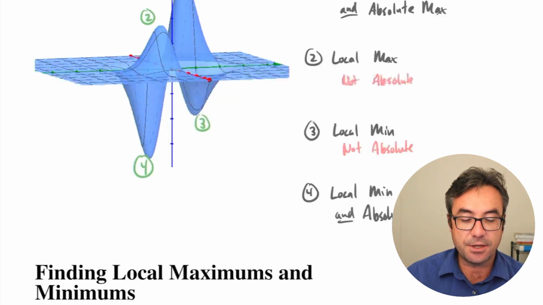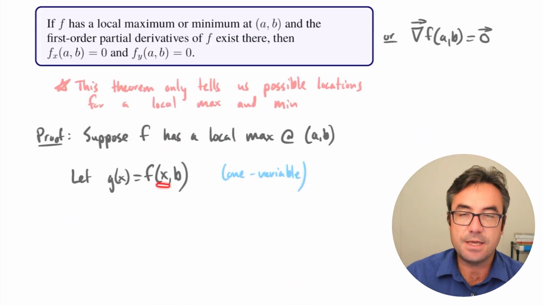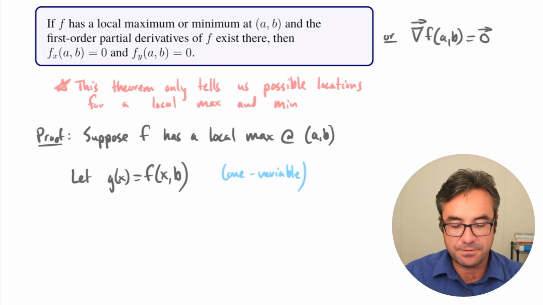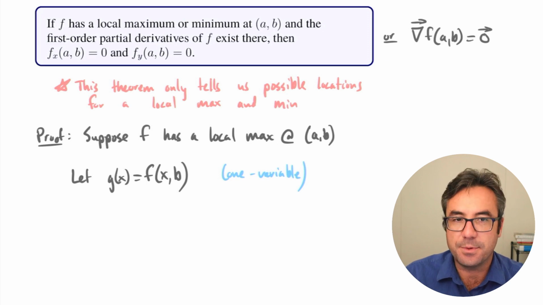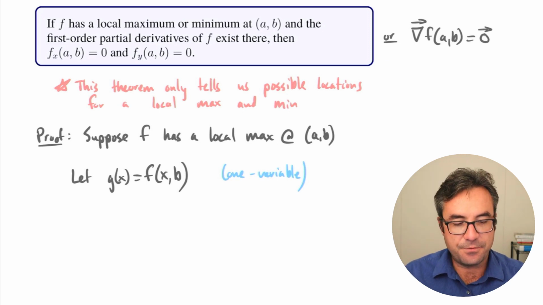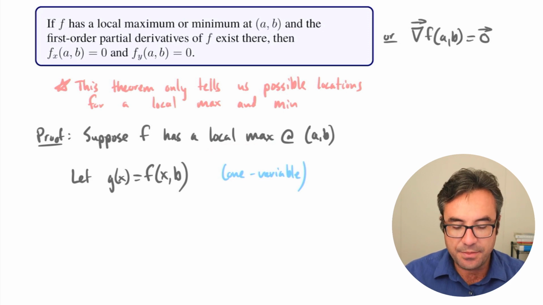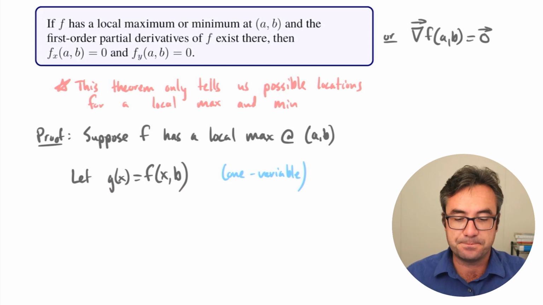So in particular, it would be downhill in the x direction. What that means is if we look just in the x direction, we should have a peak in the one variable case. If it's a local max in all directions, then this function should have a local max just in the x direction.